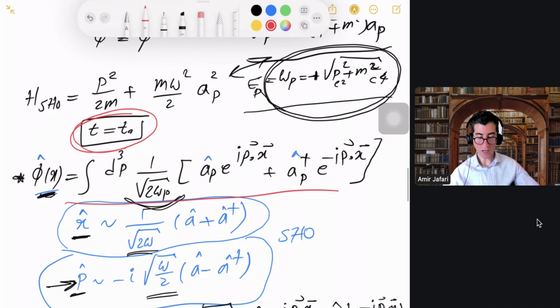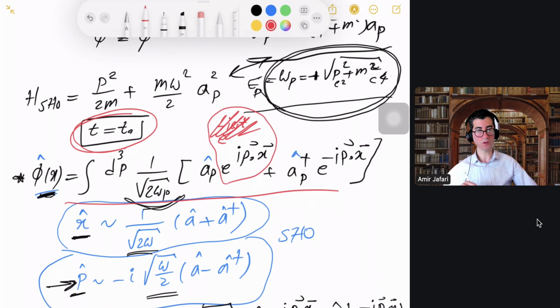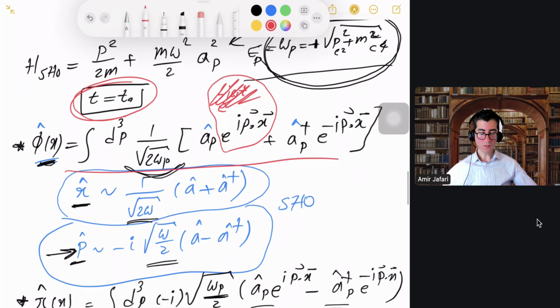So here I don't have any time dependence. Previously we wrote down the Fourier transform with a term like this next to it, if you remember. Now I'm going to talk about that. Here I don't have time. Okay. Here we are working at a fixed time.